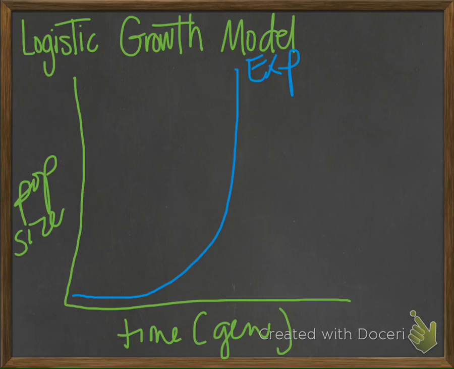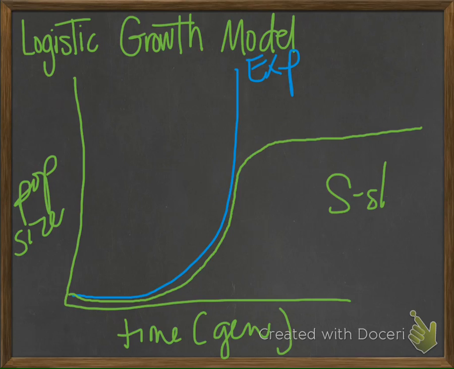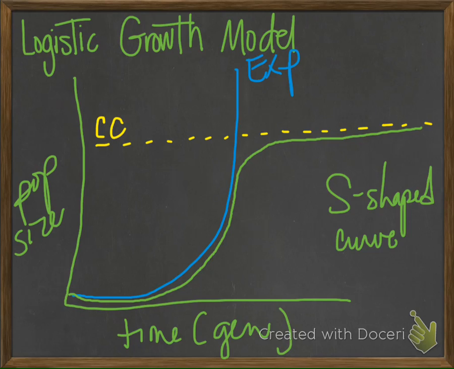Well, this one follows the same line, but at some point everything's going to become limited and things are going to level out, and this is considered an S-shaped curve. This little imaginary line here is the carrying capacity.